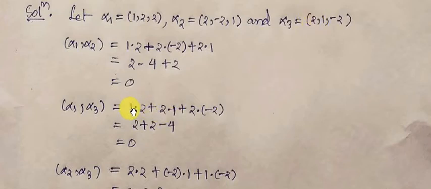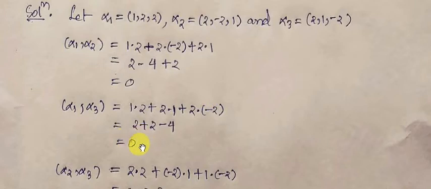The second component of alpha 1 is 2, and of alpha 3 is 1, so 2 into 1. The third component of alpha 1 is 2, and of alpha 3 is -2, so 2 into -2. After calculation we have this equal to 0.